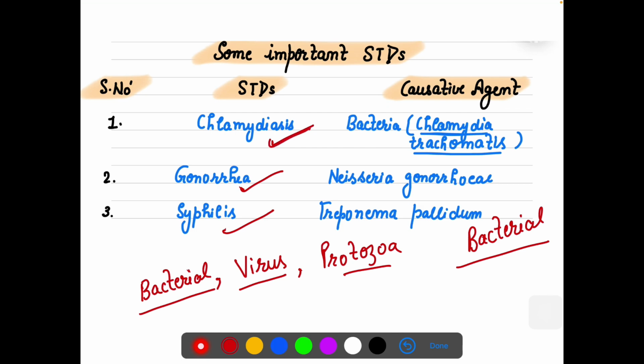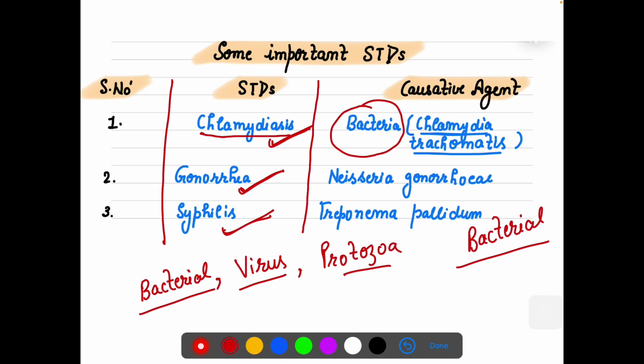Chlamydiasis, gonorrhea, syphilis, these are 3 sexually transmitted diseases जो कि किसकी वजह से होती हैं? बैक्टीरिया की वजह से होती हैं. सो क्लाइमीडियासिस, अगेन आई एम जस्ट लुक देयर नेम, क्लाइमीडियासिस, gonorrhea, syphilis. Mostly they ask for 2. So gonorrhea and syphilis are the best ones to give as examples.